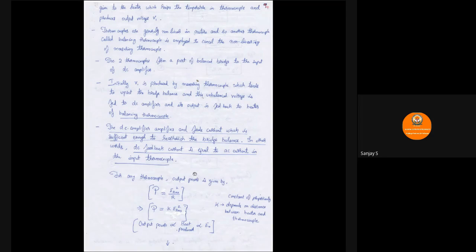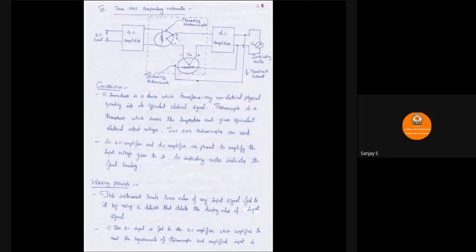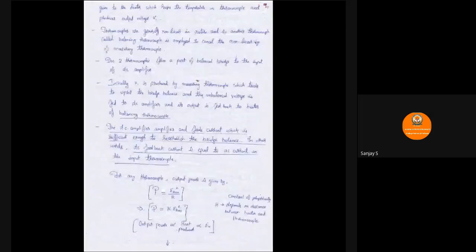Now, let us go to the mathematical part of it. Let us try to realize how the RMS value can be obtained. For any thermocouple, the output power is given by the expression P equals E_RMS squared divided by R. This can be written as P equals K times E_RMS squared. The output power produced is always proportional to the heat generated, which depends again on the output voltage.